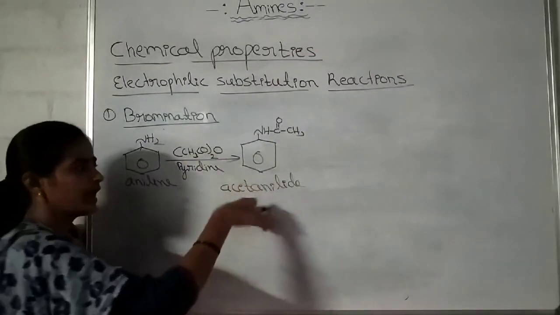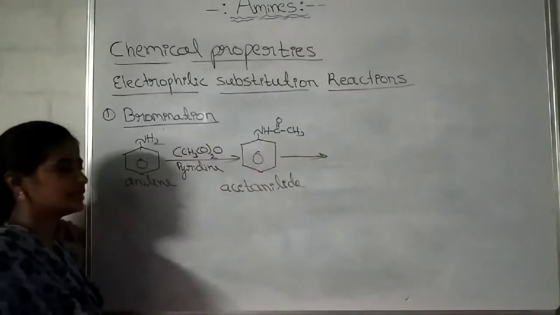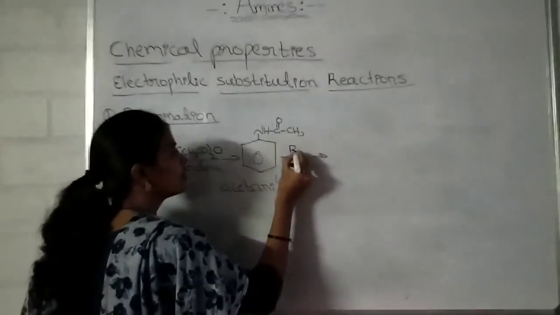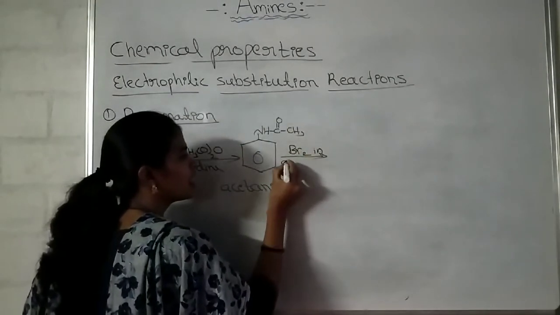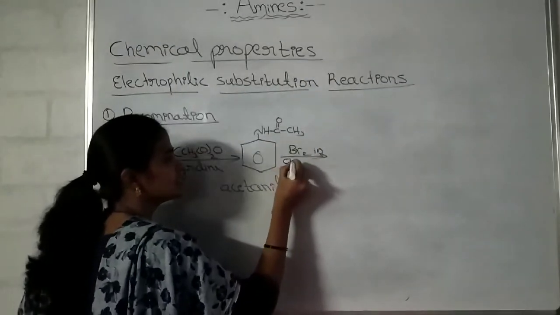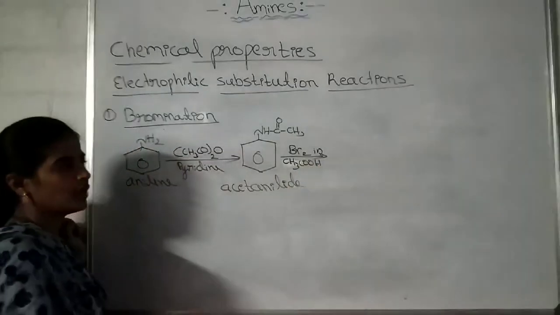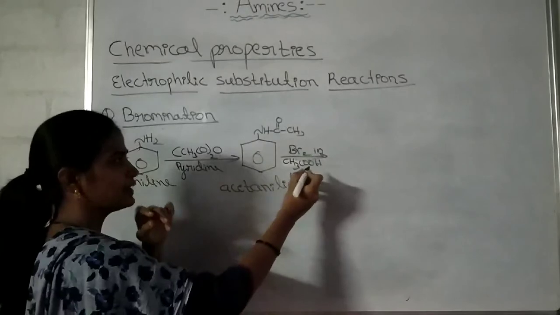Okay, now you carry out the bromination of this acetanilide. Instead of adding bromine water, I will add bromine in acetic acid, that is CH3COOH. When we treat the acetanilide with bromine in acetic acid, what happens?